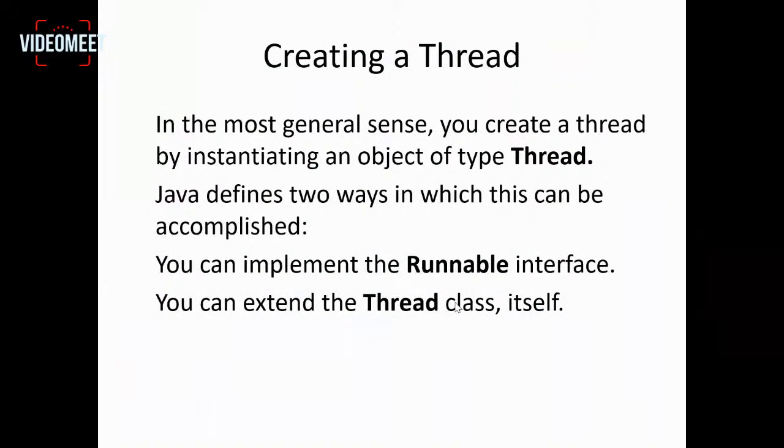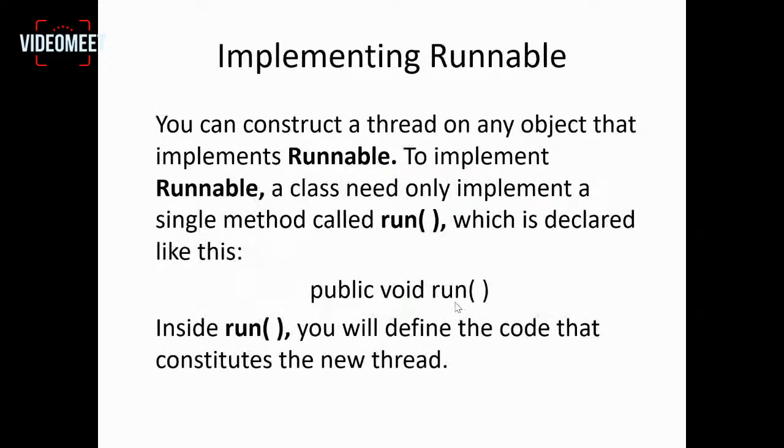In the most general sense, you create a thread by instantiating an object of type thread. But Java defines two ways in which this can be accomplished. You can implement the runnable interface or you can extend the thread class, as I told you just before. So when you implement a runnable interface, what are the steps you need to follow?